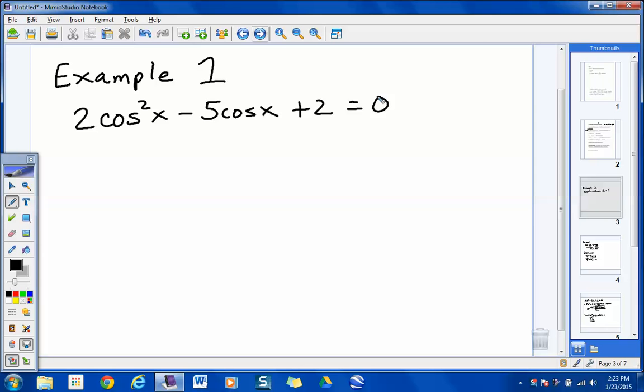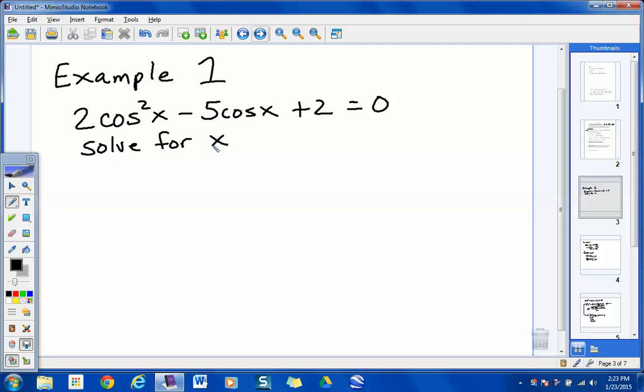Now, I don't like the way this looks, but our job is to try and solve for your x value. Solve for x. And here's where the substitution comes into play. First of all, are we in terms of one trig function here? You bet we are. It's just cosines, right? I don't have cosine and sine, do I?